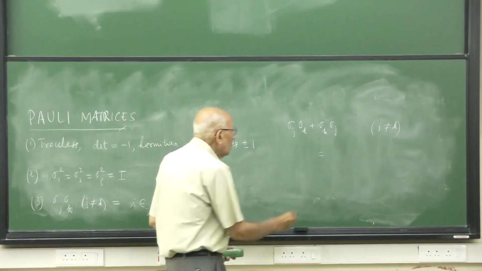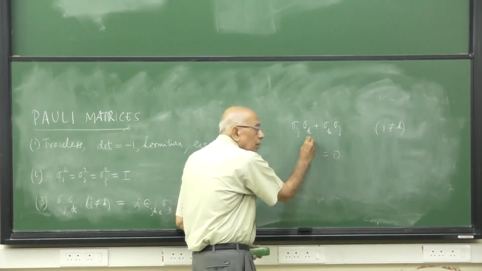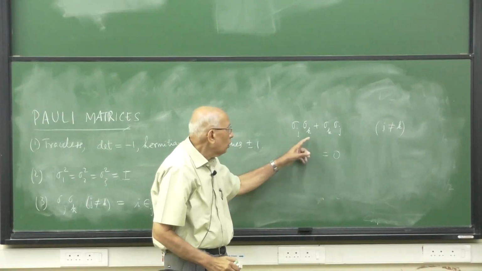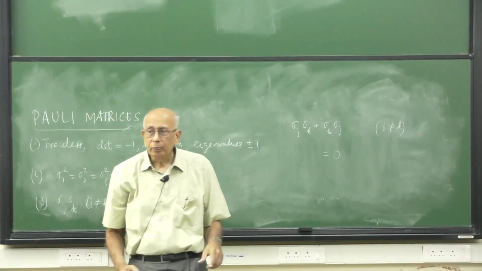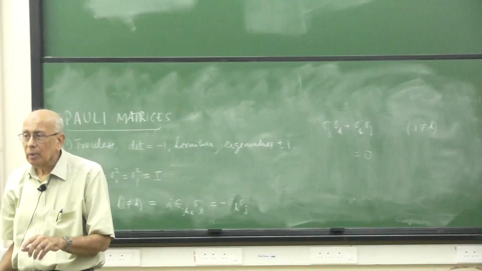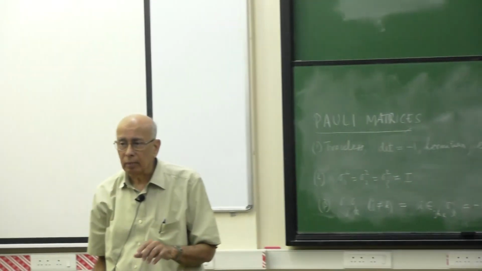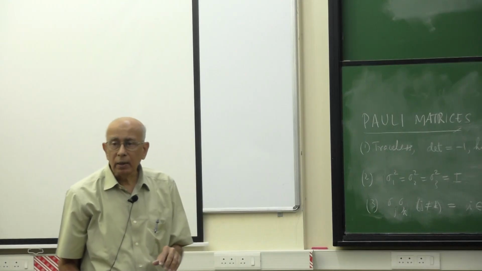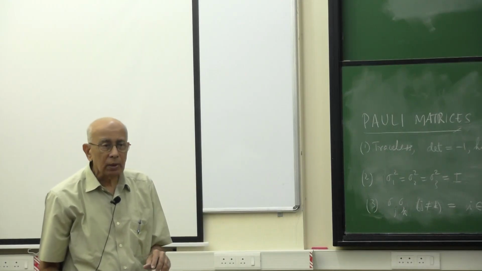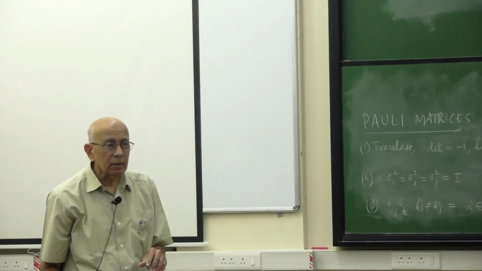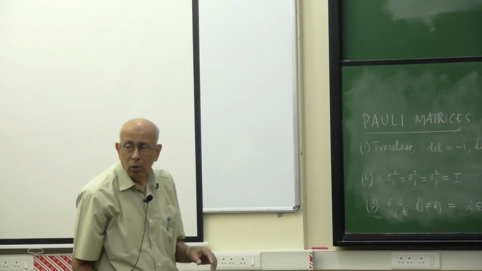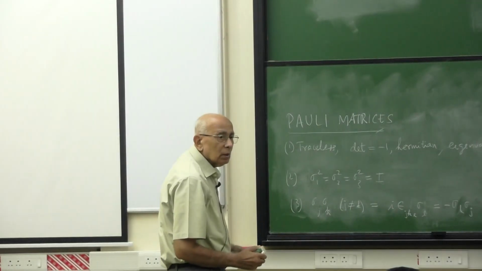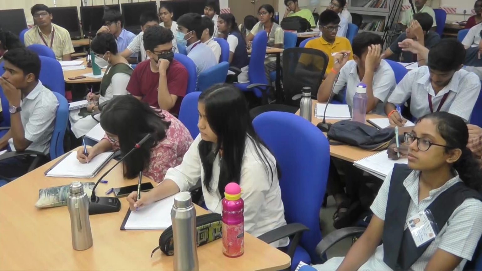It's equal to 0, because this is equal to i epsilon jkl, and this is minus that. AB minus BA for A and B operators is called the commutator of A and B for matrices or operators. AB plus BA is called the anti-commutator. And what's the anti-commutator of the Pauli matrices? 0. All the anti-commutators are 0. That's a great advantage, because now you look at the power of this.